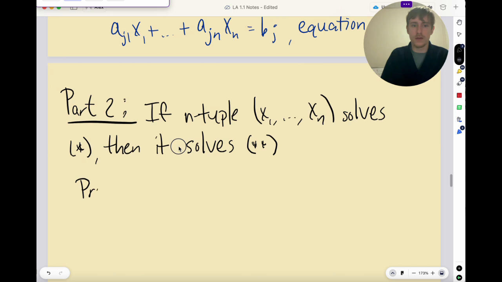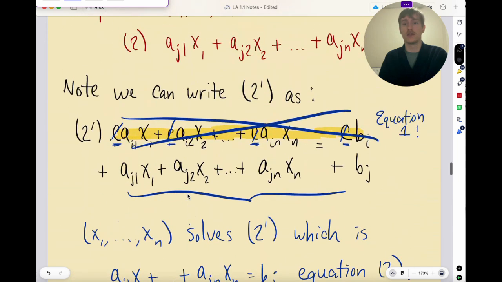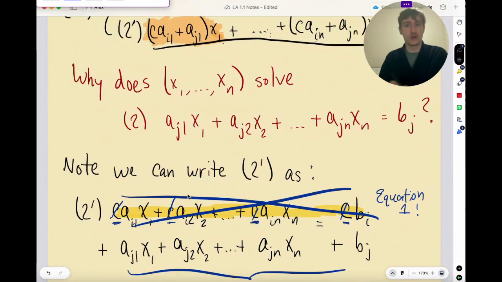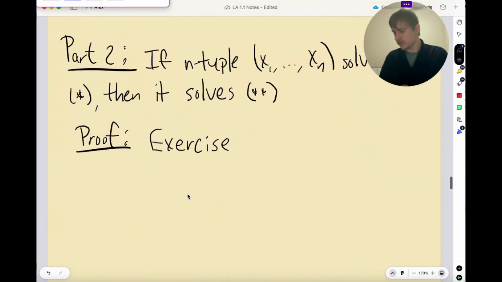And the proof is going to be an exercise, both to save time and to give you a valuable puzzle or exercise to do on your own, which should be a lot more straightforward than going the reverse direction if you follow this kind of procedure. So write it down, verbalize what you're doing, and of course, ask me if you have questions.